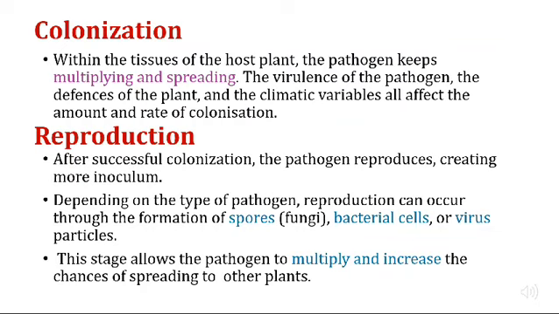After successful colonization, the pathogen reproduces, creating more inoculum. Depending on the type of pathogen, reproduction can occur through the formation of spores by fungi, or bacterial cells or virus particles. This stage allows the pathogen to multiply and increase the chance of spreading to other plants.